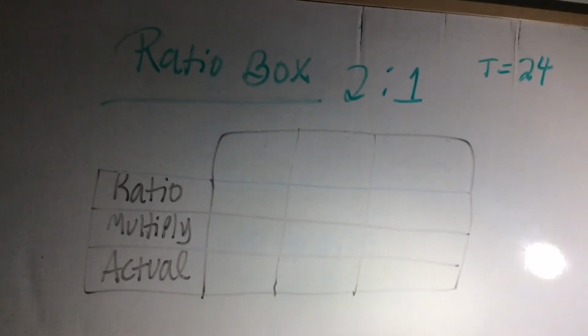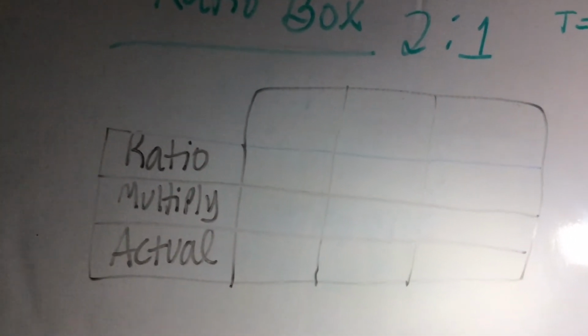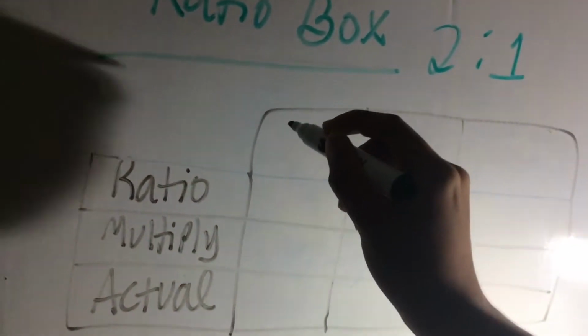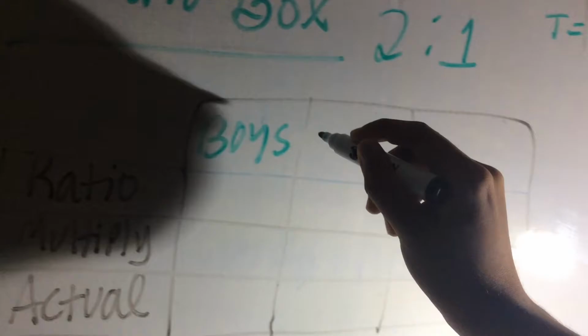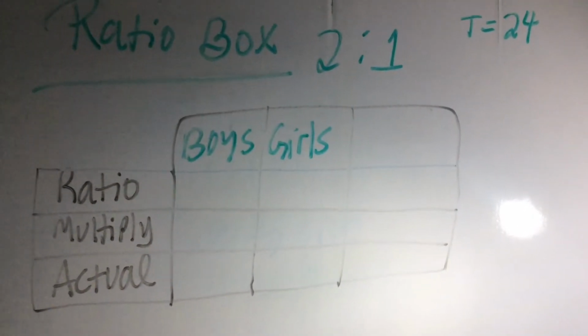So the first thing that we need to put in our ratio box is the following: boys, then girls, because it is a ratio from boys to girls. And the total, of course.